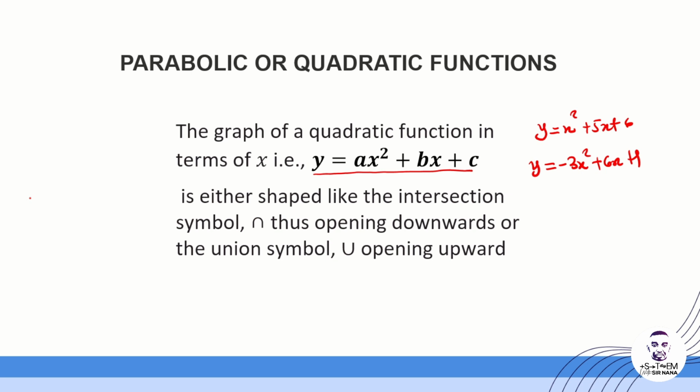The shape can be like the intersection symbol, and in that case it is opening downward. And it can also be like the union sign, and in that case the shape is open upwards, so it's open at the top part.